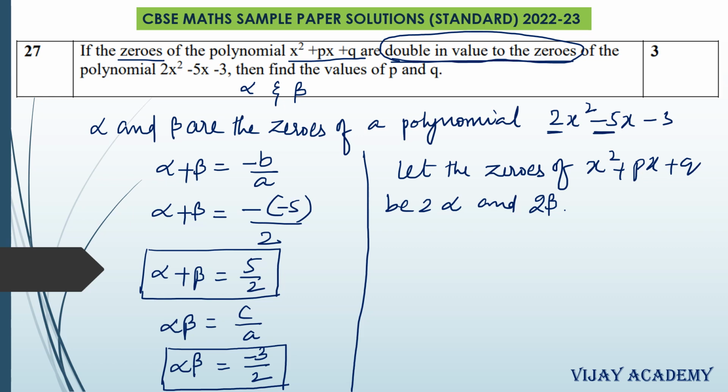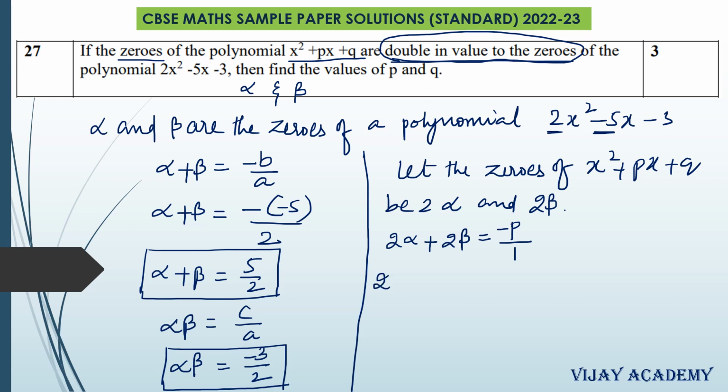Now let us take the sum of the zeros of the first polynomial. That will be 2 alpha plus 2 beta equals minus b by a, where b is p. So we can write this as minus p by a, where the value of a is 1. So minus p by 1. Now take 2 as common from the LHS.